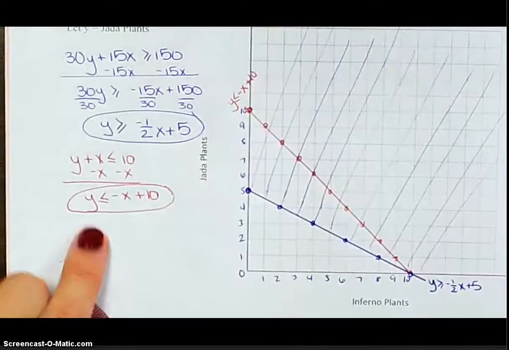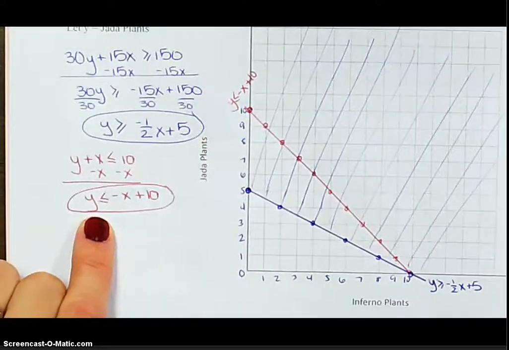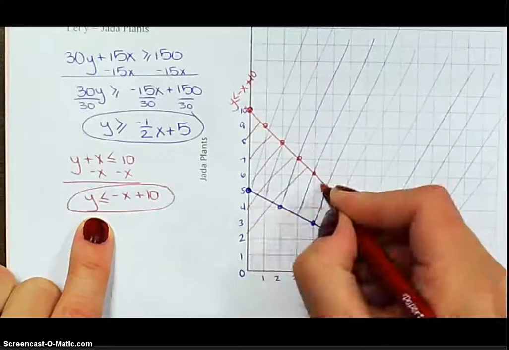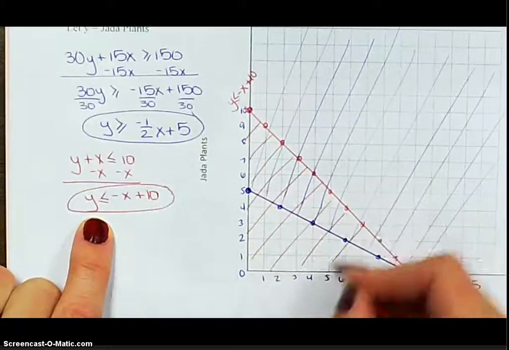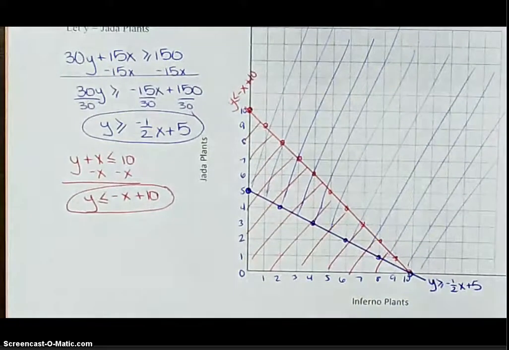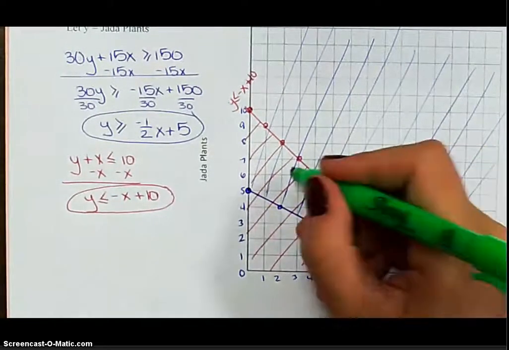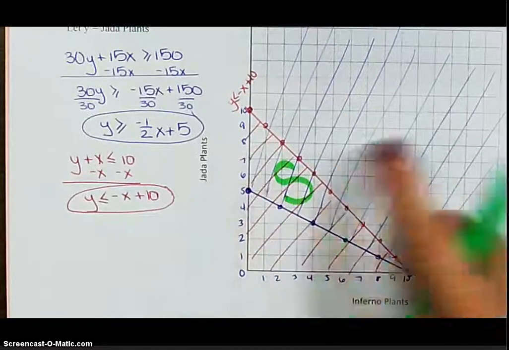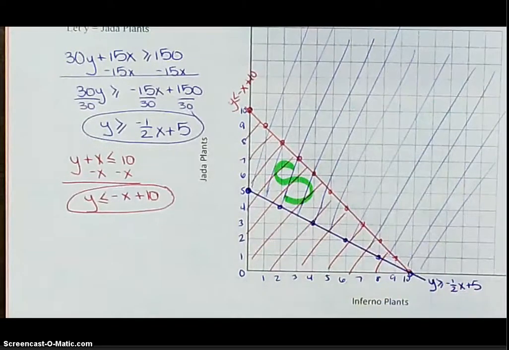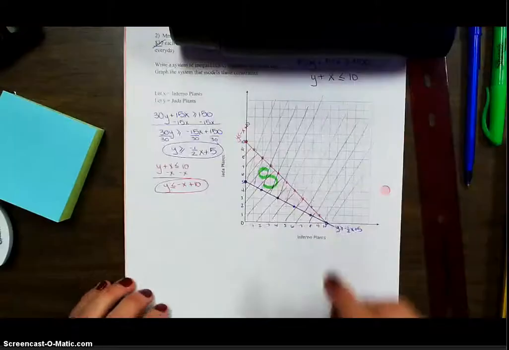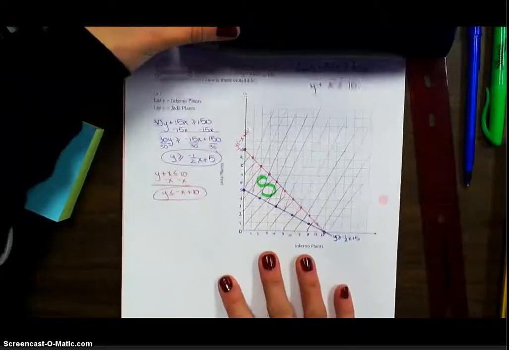Less than means we shade down. Where is our solution set for the system of inequalities? It's right here, where you see both red and blue shaded. We have now graphed a system that models these constraints.